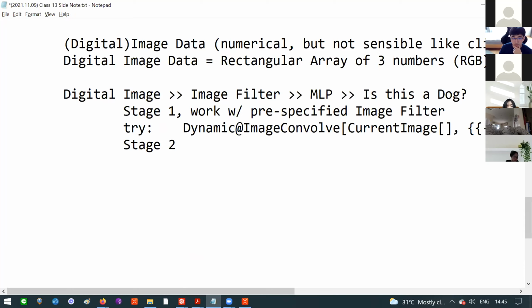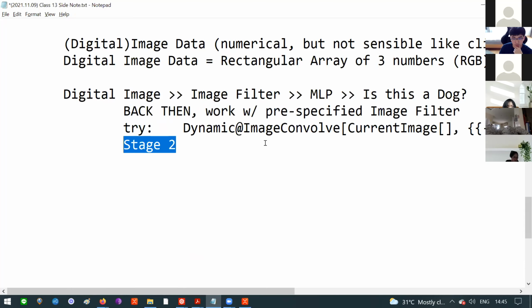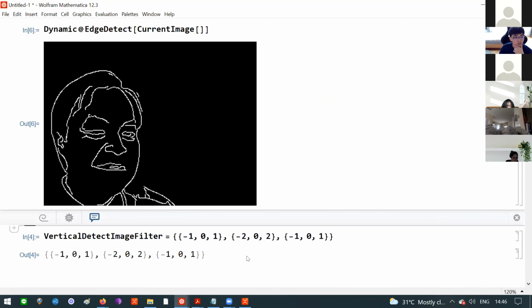Back then, when I was your age, or maybe a little bit older. Nowadays, the image filter is called convolution, because of the operation that it does. What basically it does is this.